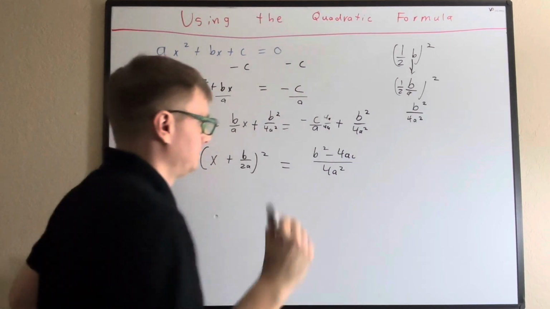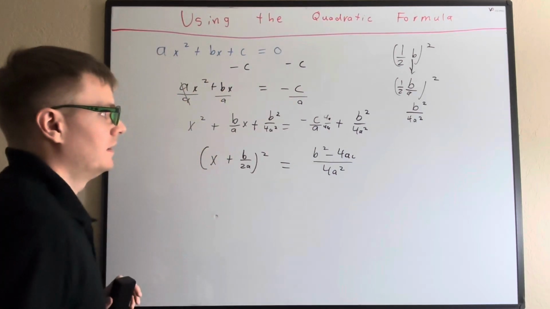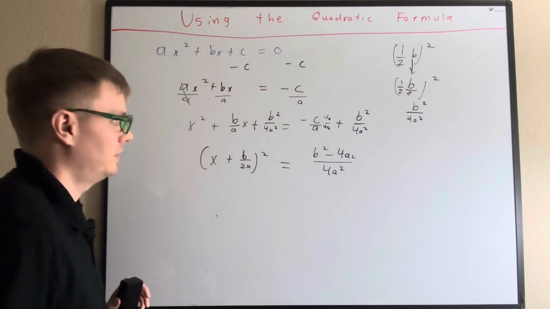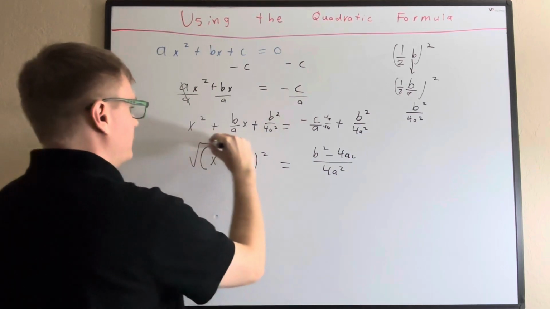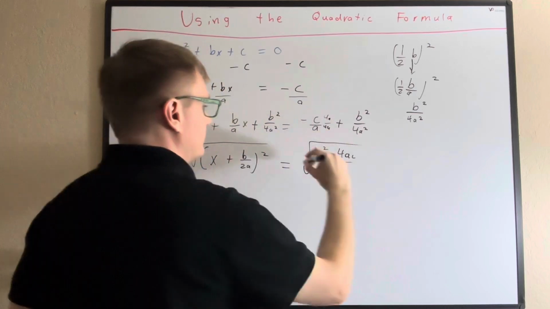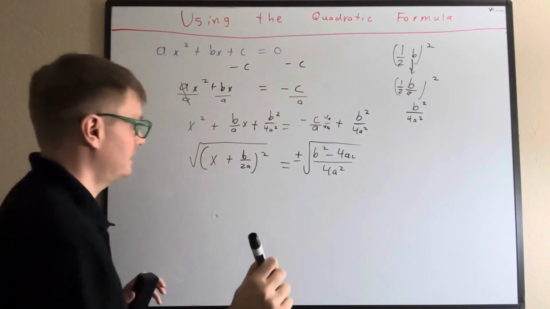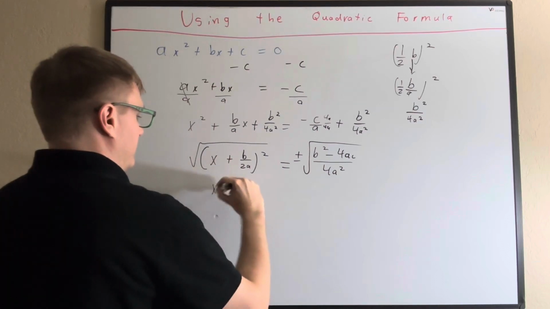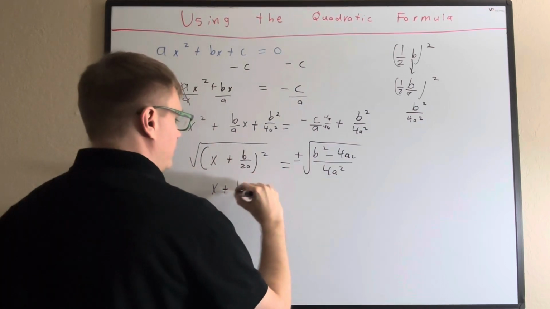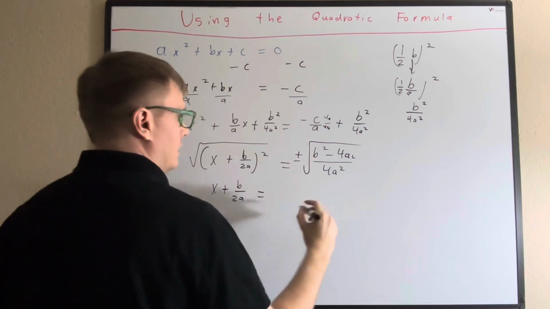All right. So far, so good. Now, square root property, square root both sides, right? And don't forget, plus or minus. So we're left with X plus B over 2A on this side.